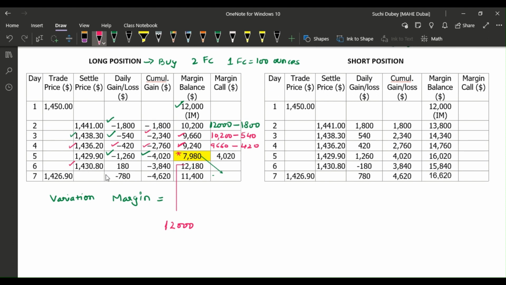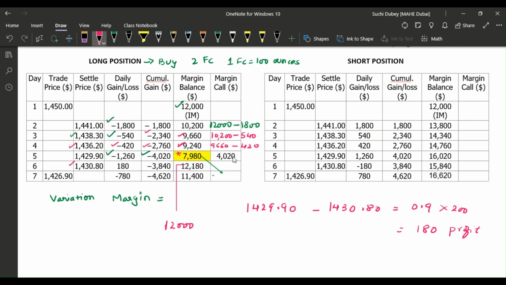From 1429.90, today's price is 143.80, which means it has gone up by 0.9 times 200, which gives you 180, and this 180 is a profit or a gain. That is the reason it is not in minus.